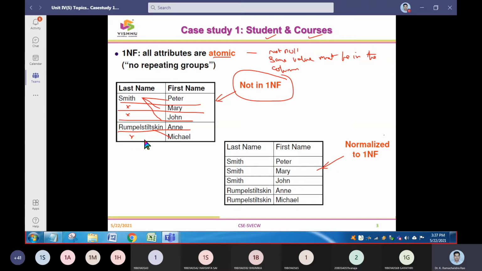So we have empty space, which we can say is non-atomic. What we have to do? We have to apply normal form. So we apply the first normal form.